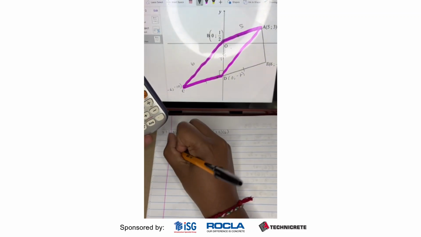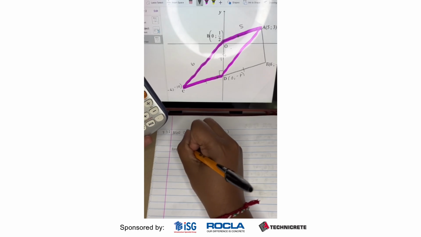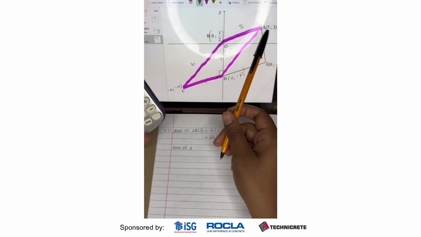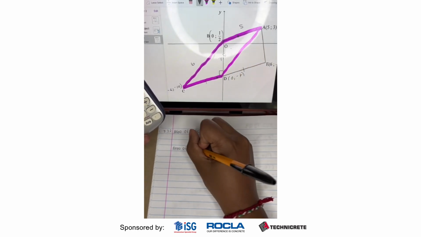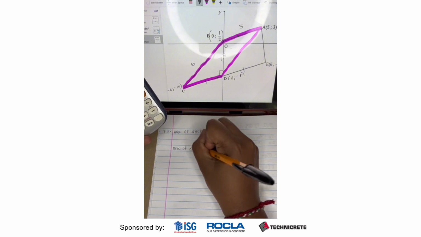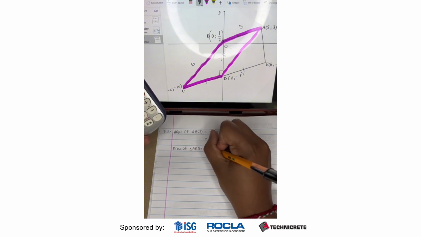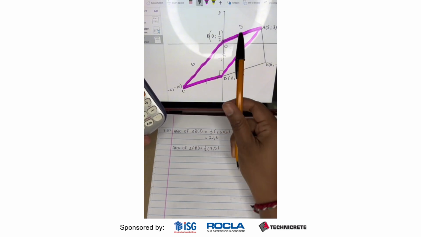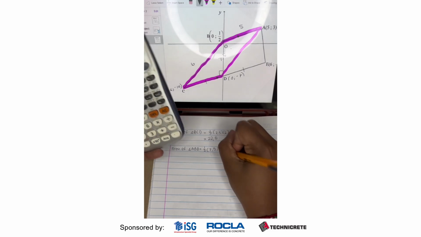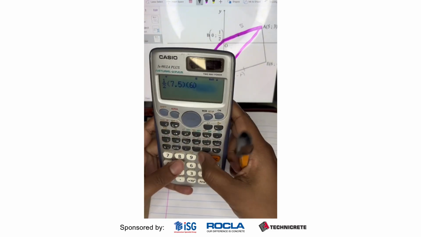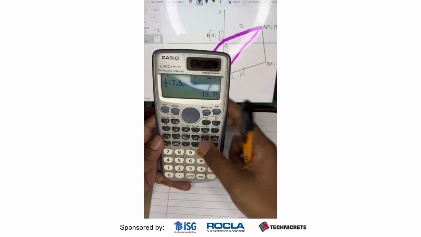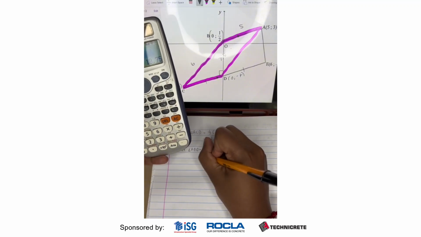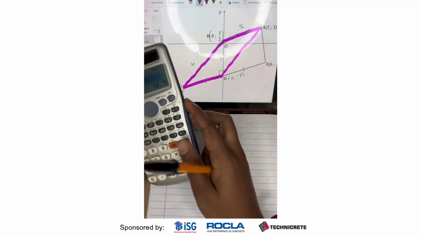The next triangle is area of triangle ABD. It's 1/2, 7.5 and 5. We have 18.75.